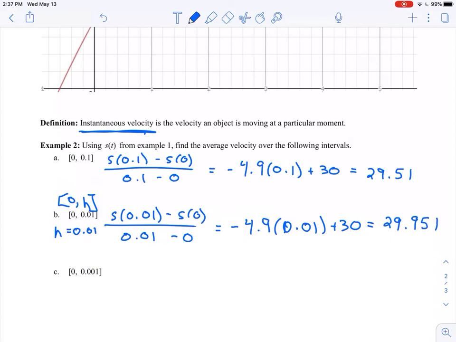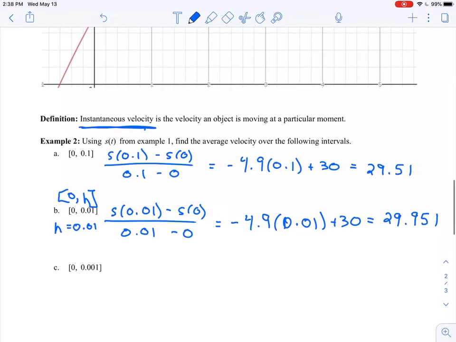Well, maybe I want to try and move even closer. Maybe I say, okay, 0.001. We want to try and get a little bit closer here. So again, I'm thinking about 0, comma h right here, so h is just 0.001.